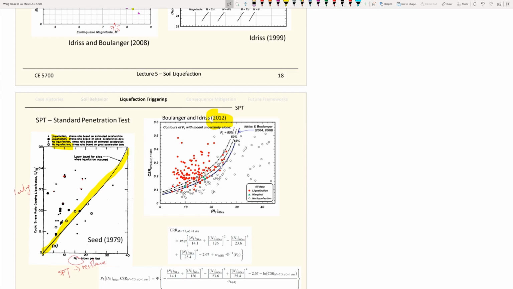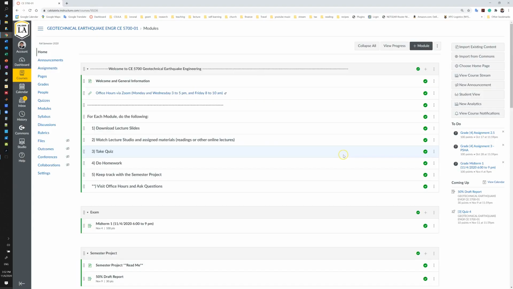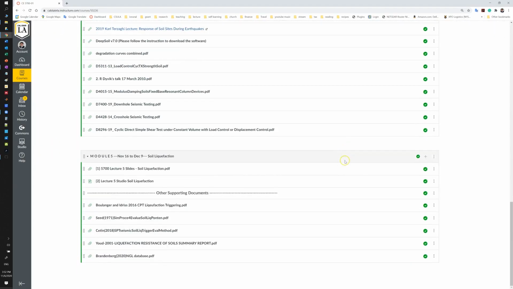If you go to Canvas, go to 5700, the most updated one should be the CETN 2018 method. That is the most updated SPT method for soil liquefaction triggering.